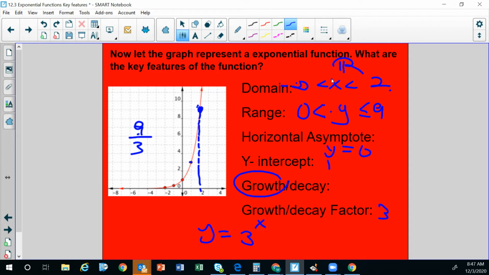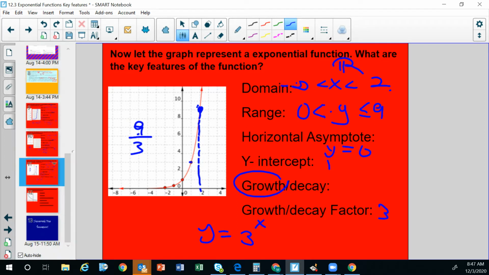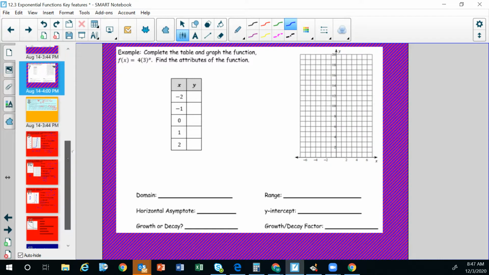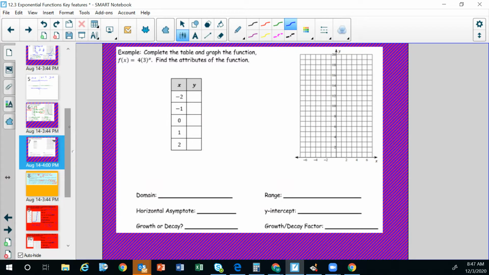Yes, word problems. Question? Oh yes, okay, let's go back. Good point. Where did we do this? Let's go back to this one.